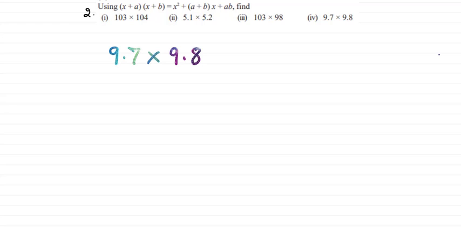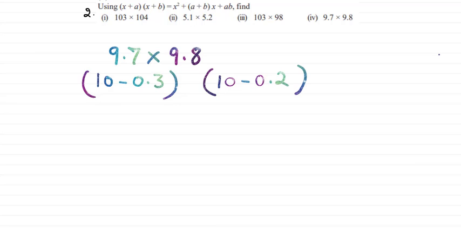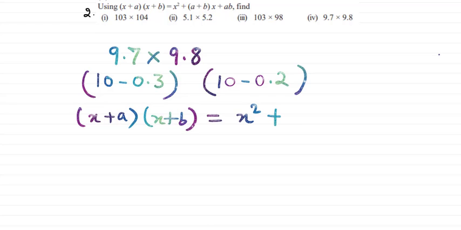So how will we solve it? Here I am taking it as 10 minus 0.3, that is 9.7, and then 10 minus 0.2 that I'm using. And again I'm using the same formula, x plus a into x plus b equals x square plus a plus b into x plus ab.